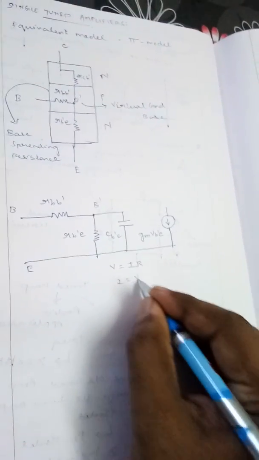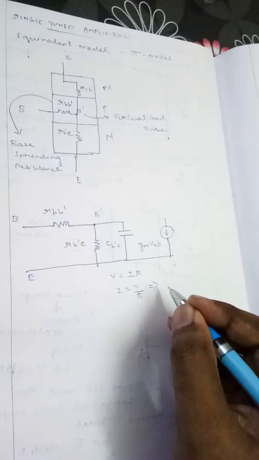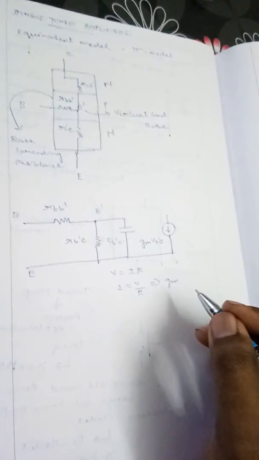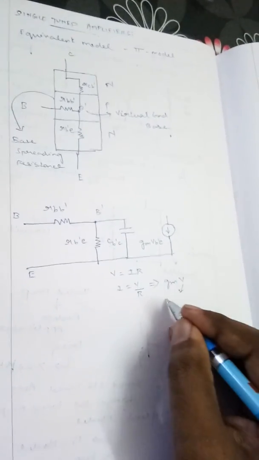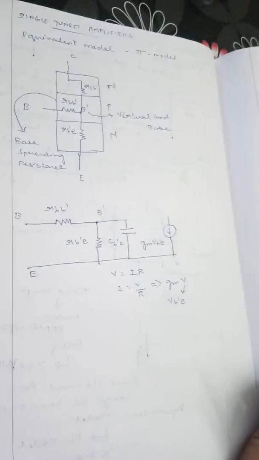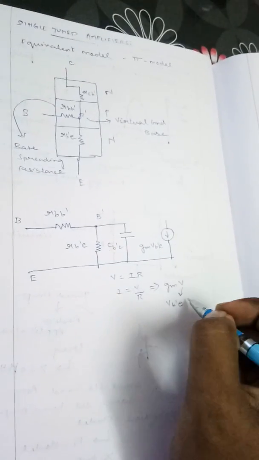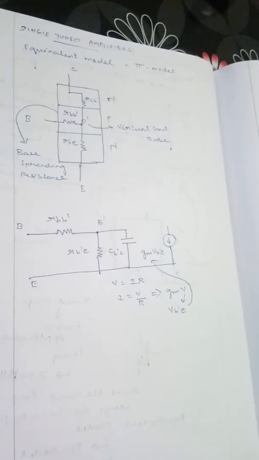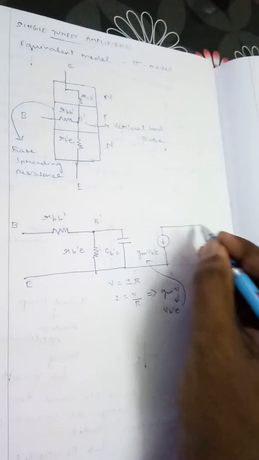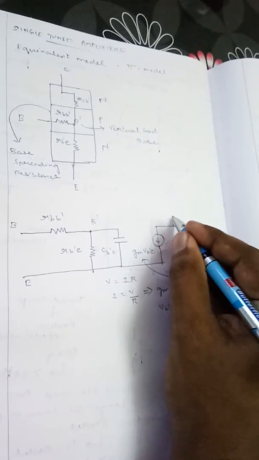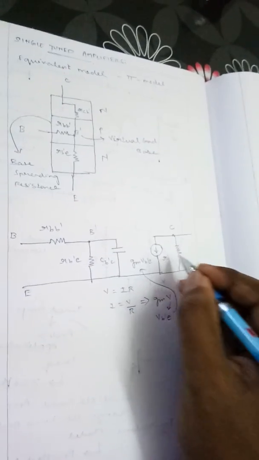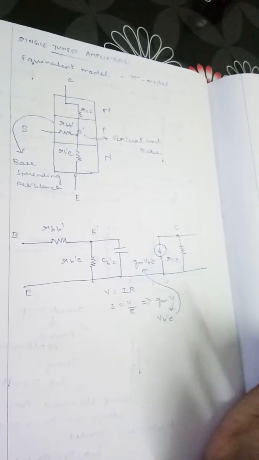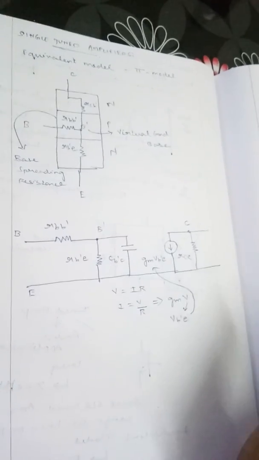So the current can be represented as V by R. The reciprocal of resistance will be taken as the transconductance that is multiplied with V. This V represents the input voltage, that is the base emitter voltage. Hence it is represented like this. And if I consider the output side resistance, if this is my collector terminal, the resistance that will be associated will be RCE, and this will be the output representation of the circuit.